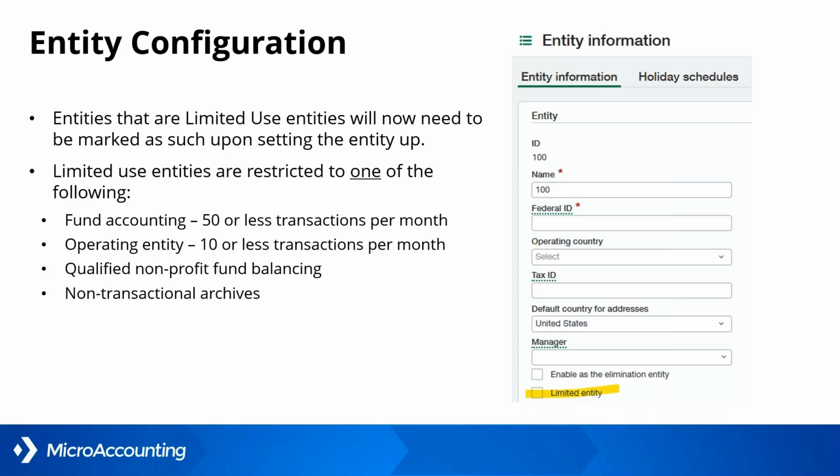And again, if you're using those limited entities, we'll be reaching out to you to work with you to make sure that we get those all marked appropriately in your environment going forward, because Intacct is using this for reporting purposes to make sure that licensing for limited entities is going to align with what is set up in your system.